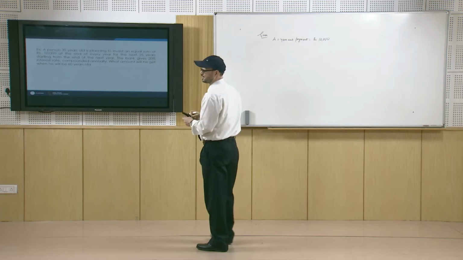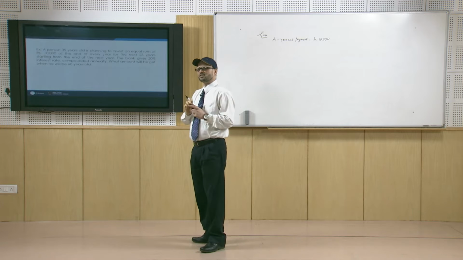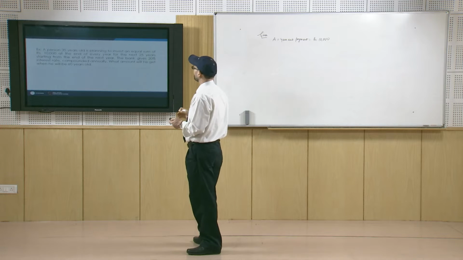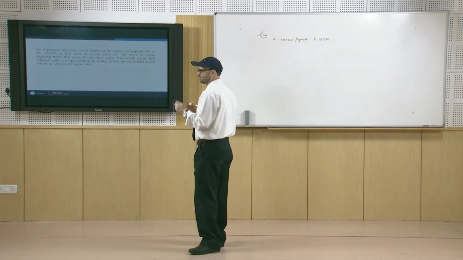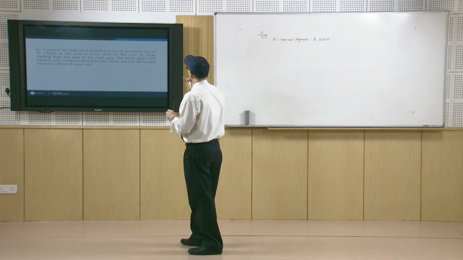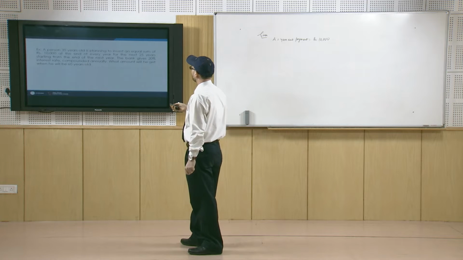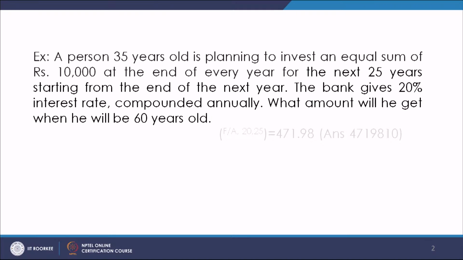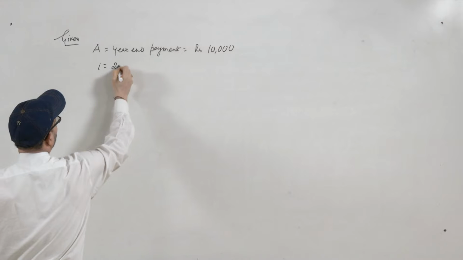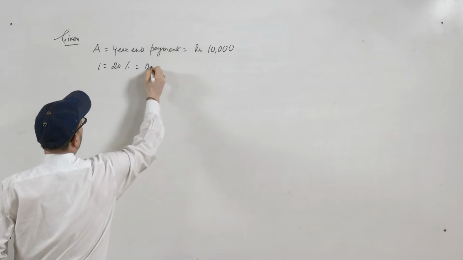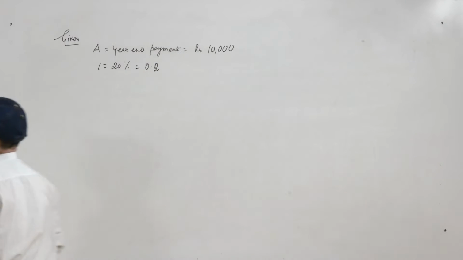He is depositing this amount for the next 25 years, starting from the end of the first year, and the bank is giving a 20% interest rate. So, i is 20%, that is 0.2.